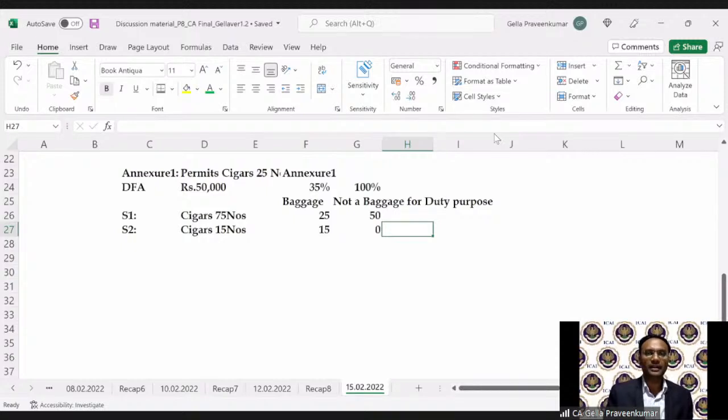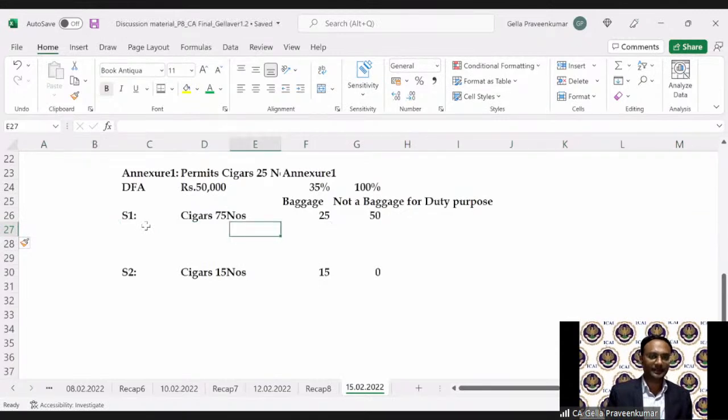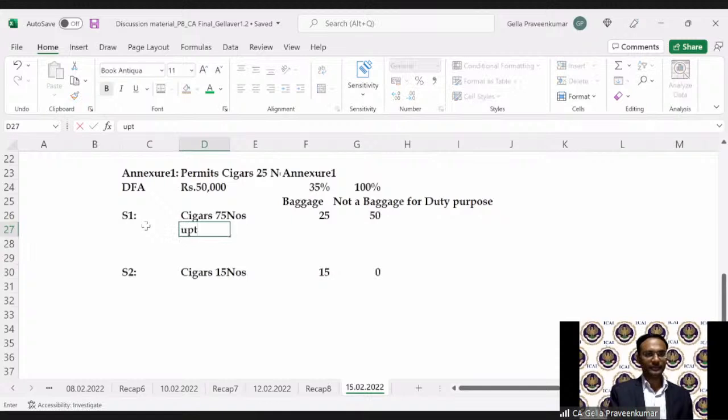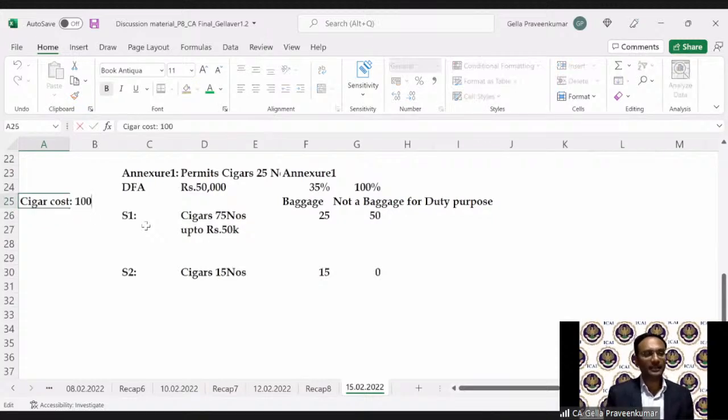Now, let us look one step further for this. When I am doing this calculation, I was given with 50,000 ceiling. My articles up to rupees 50,000. So what I will do, assuming cigar cost is 100, just for calculation, or let me make 500. Cigar cost is 500.